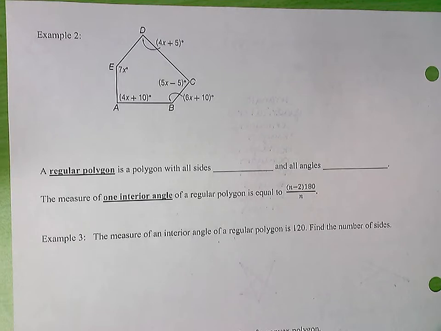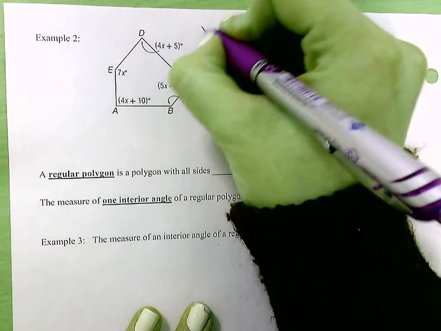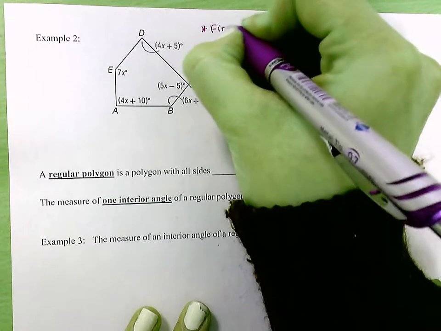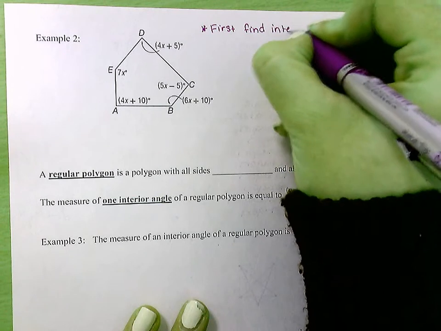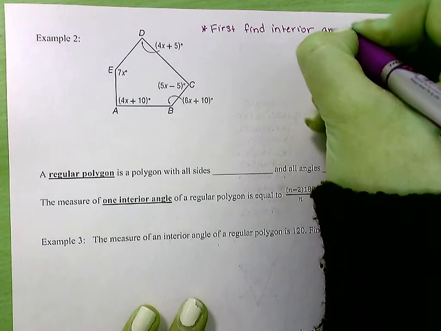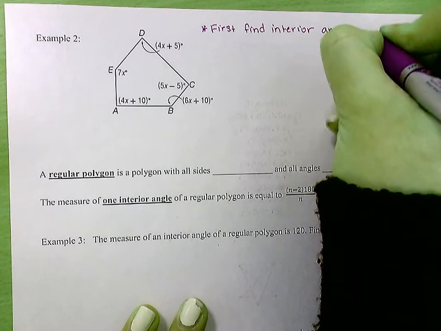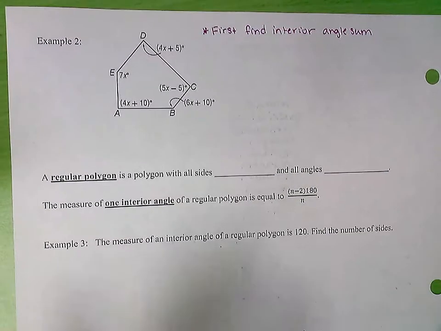So I'm going to use that interior angle sum. My first step is to find the interior angle sum. So that means I need to know how many sides there are.